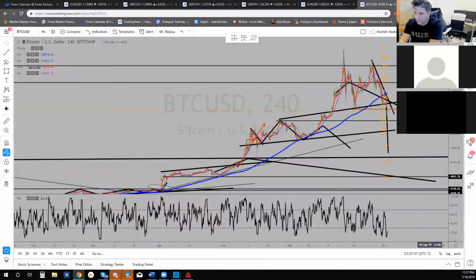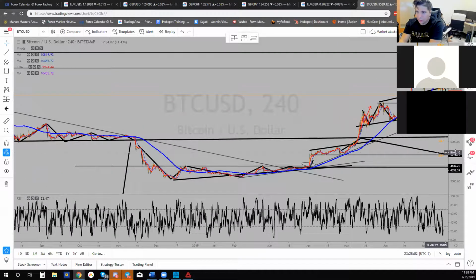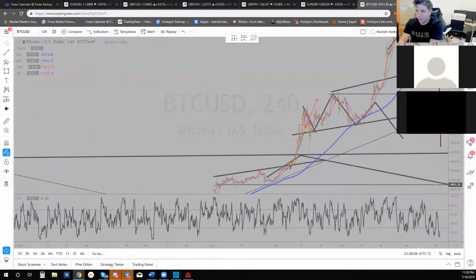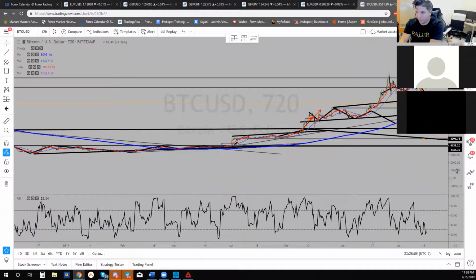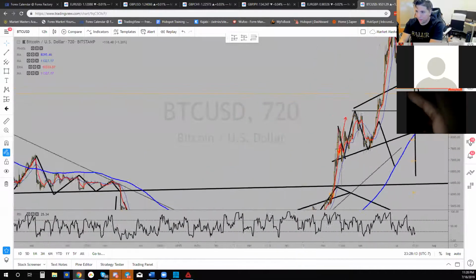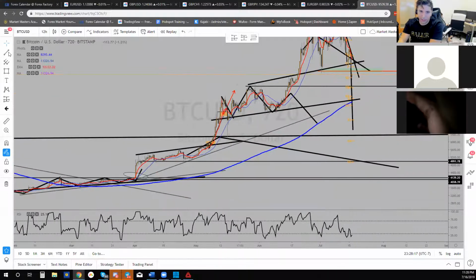Wait, there's one other thing that I see here. Let me go on to a bigger one, the 12-hour, even though usually I don't go on there. So there is this support line that I'm trying to get right here.